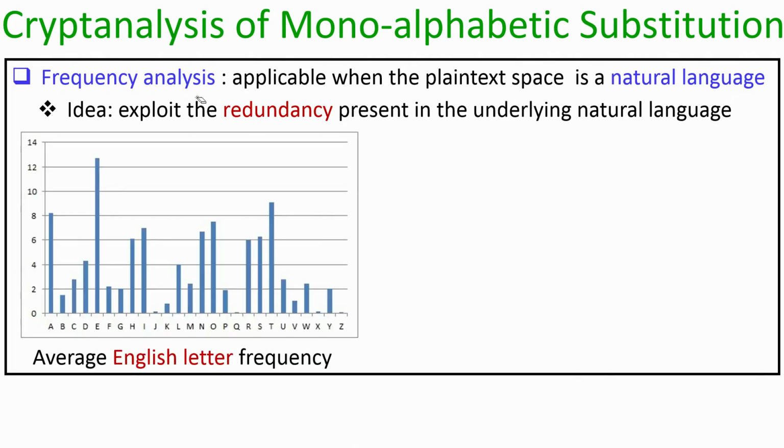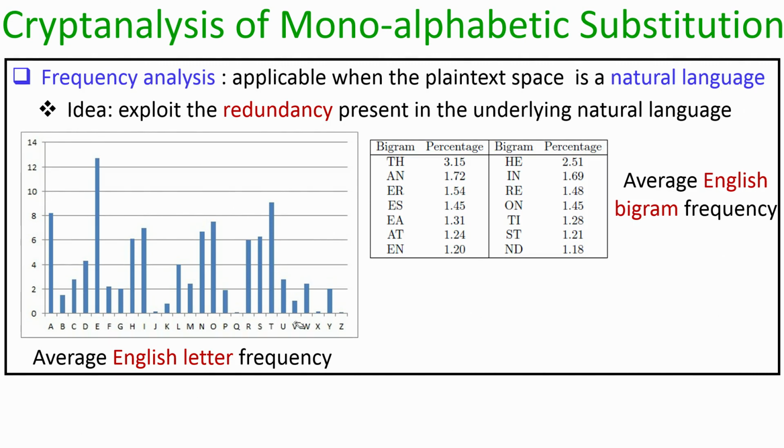If we consider long English text, then we know that on average the character E occurs more frequently compared to any other character. In the same way, we know on average in long English text the character T occurs more frequently compared to the character U, and so on. Not only do we have the average English letter frequency available for long English text, we also have the average frequency of English bigrams.